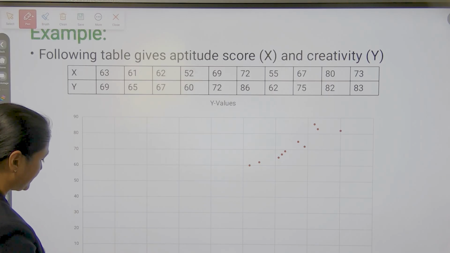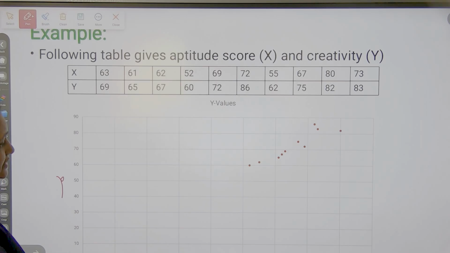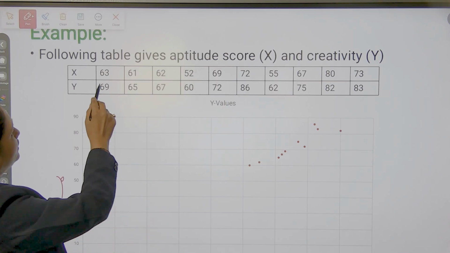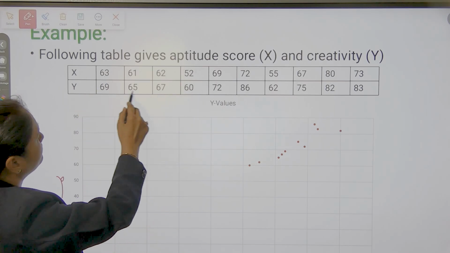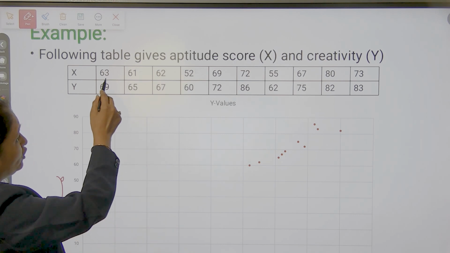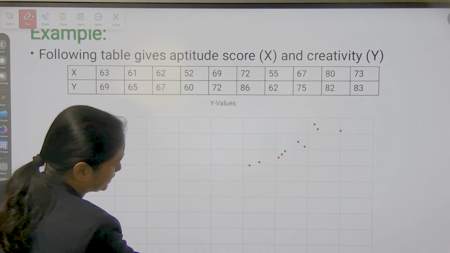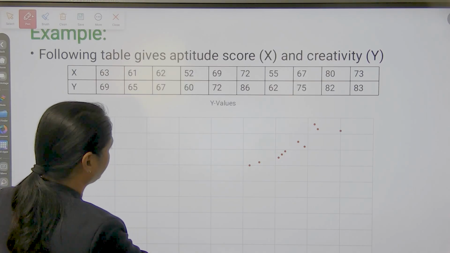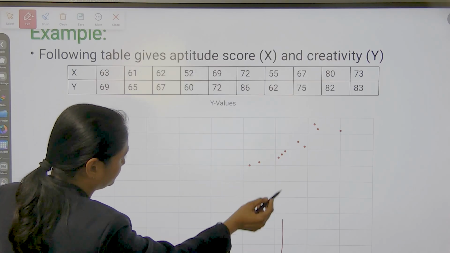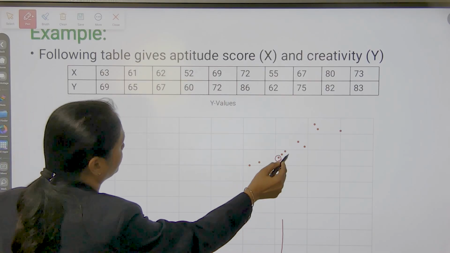So this is the x-axis and this is the y-axis. These are the values of x and these are the values of y. When the value of x is 63, the value of y is 69. So 63 and 69 is plotted here.